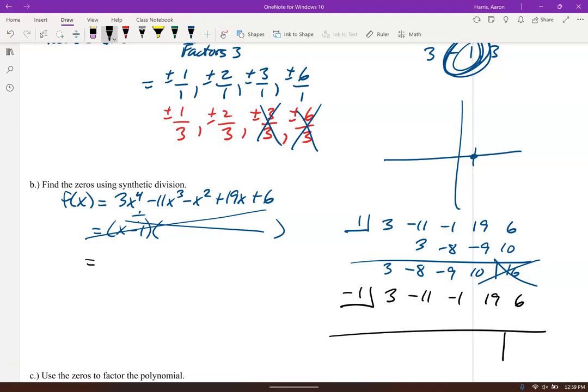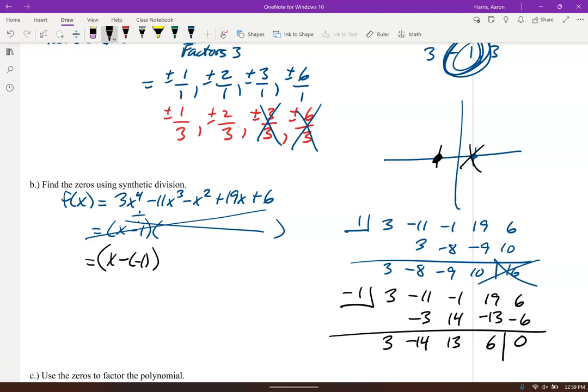If negative 1 works, right, negative 1 is a zero, then x minus negative 1 is a factor. That's what we're claiming. Let's test it. Negative 1 plus 14, 13. 13, 19 minus 13, 6. 6 times negative 1, negative 6.